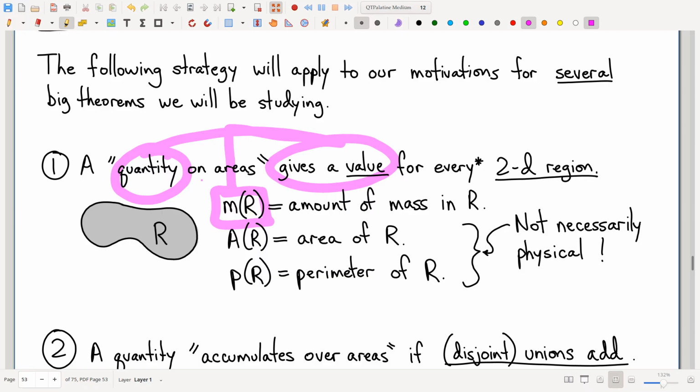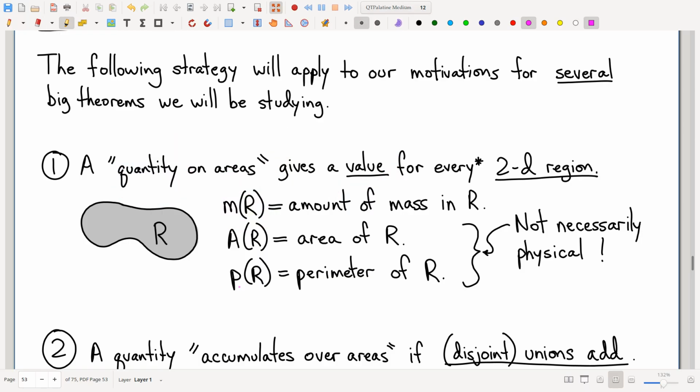You see what I'm talking about? No big deal, right? Here's another quantity giving values on regions, and that is area. You give me a region, we can talk about the area of that. Here's another one. You give me a region, we can talk about what is the perimeter of that region. Right? You give me a region, I give you a perimeter.